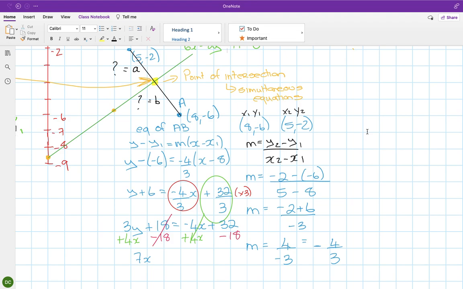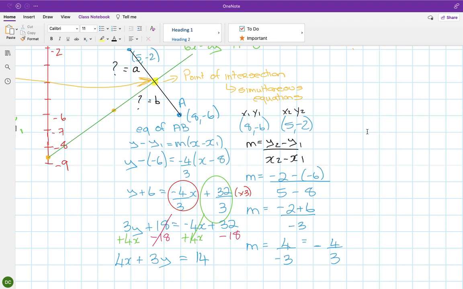Oh my God, please don't judge me on that. You can't add 4x and 3y and get 7x. Anyway, so 4x plus 3y equals 32 minus 18, which is 14.